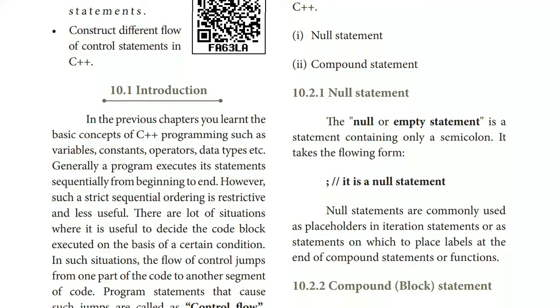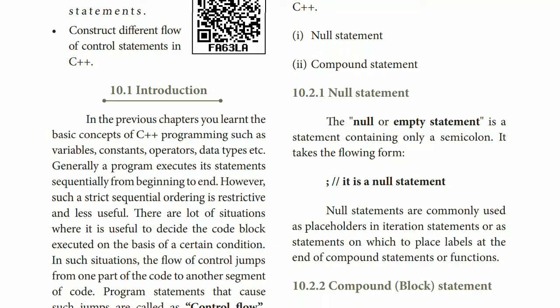So null statement can also be used in finding the labels. Label meaning, okay, when a particular label is seen, it will jump the control from one part of the segment to another part of the segment with keywords like goto.